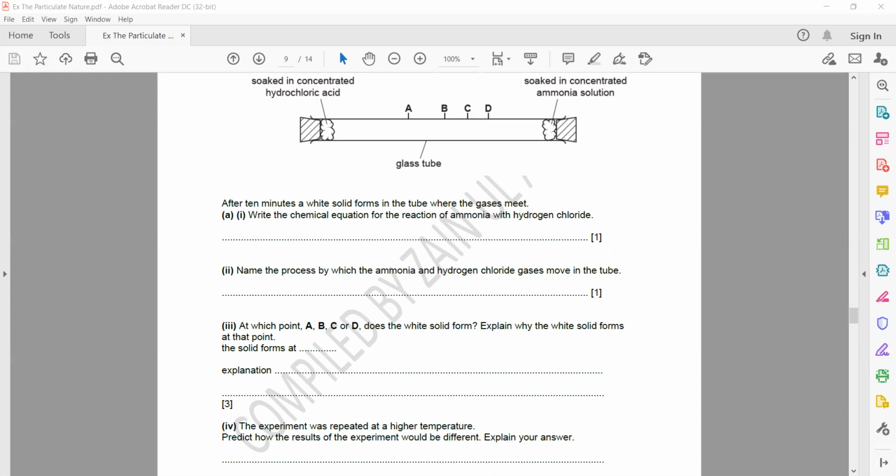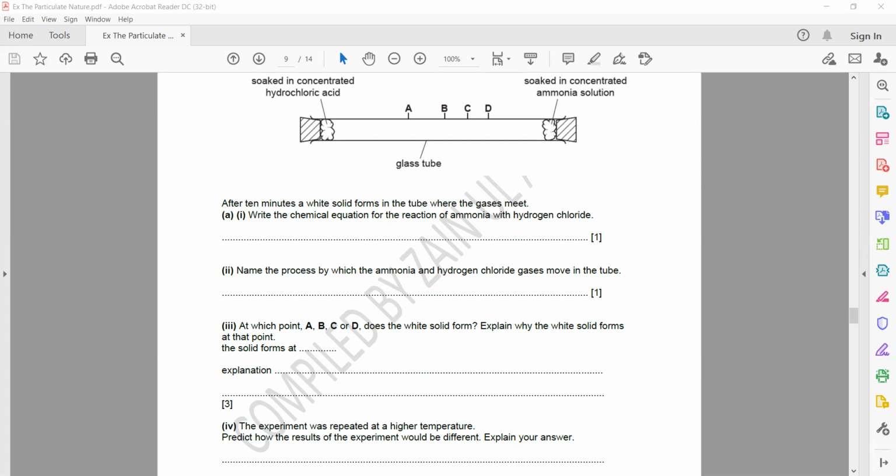If we increase the temperature, the speed of the particles will increase. That's right. One mark is for mentioning the speed. Increasing the temperature will increase the speed. The second mark is for the time. It will take a short time.